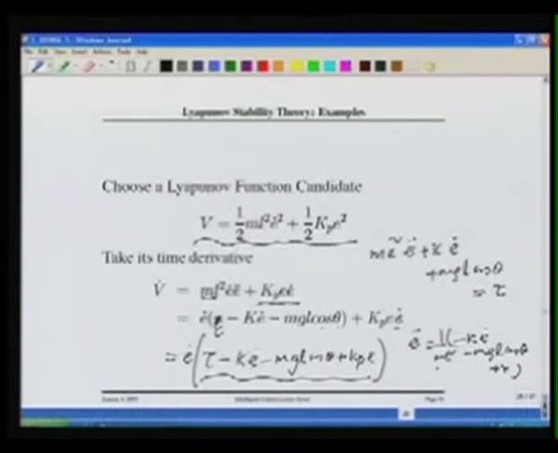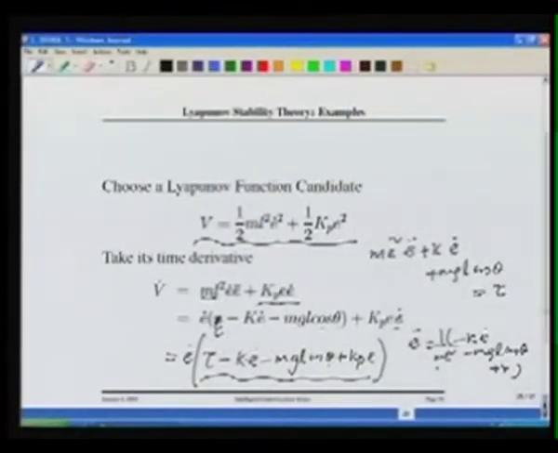You see that this can be made negative definite if tau is mgl cos theta minus k p E. You can see that, because in that case this term will be minus k E dot, and you have so many ways to propose what should be my controller law. You see how we are using the Lyapunov function or Lyapunov stability theory to design a controller. We do not know what tau is, we have to design tau.